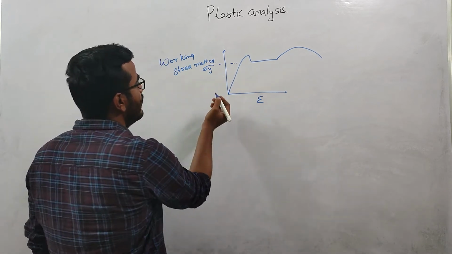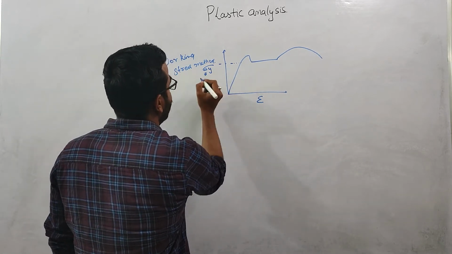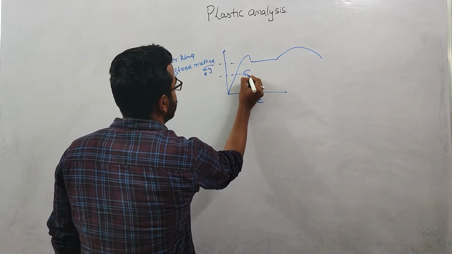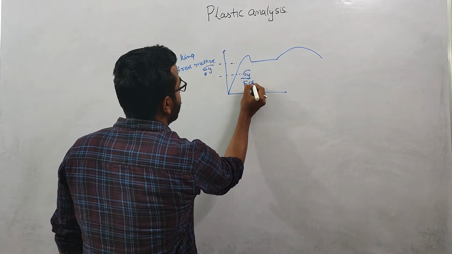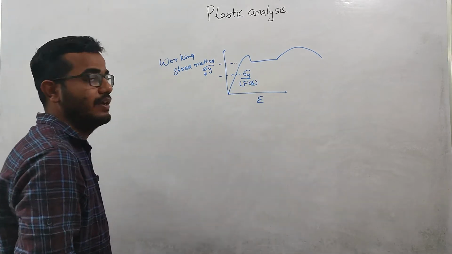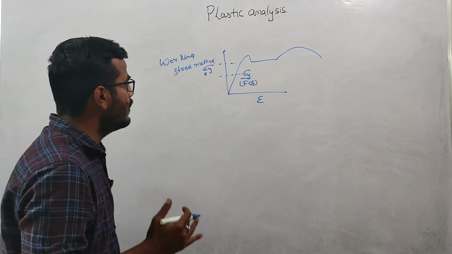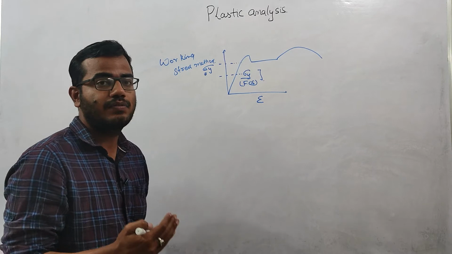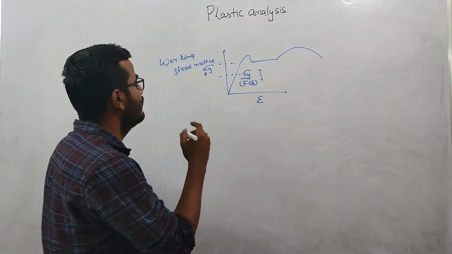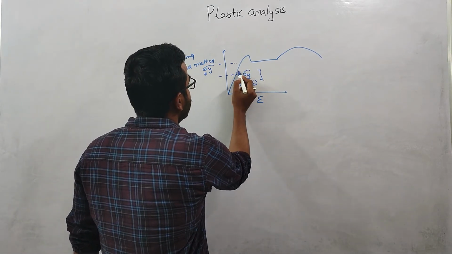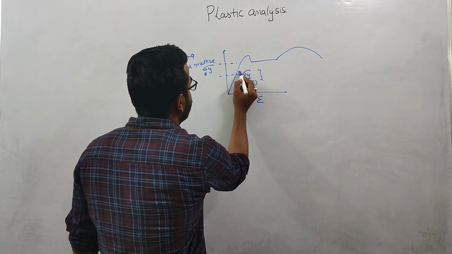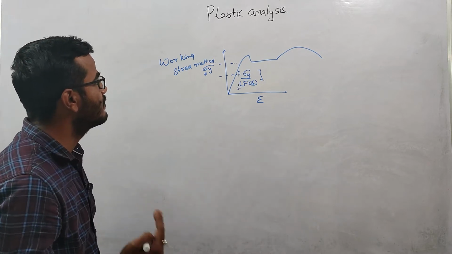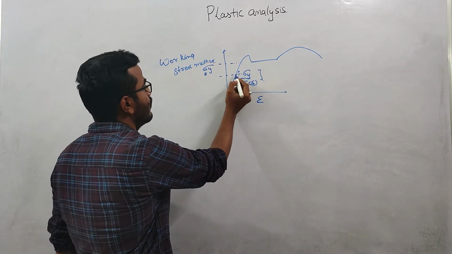We apply some factor of safety to this value and limit our allowable stress to this point, which is nothing but sigma y divided by the factor of safety. What I mean is that at any cross section, no fiber will have a stress above this value. The maximum stress on that fiber will be sigma y divided by the factor of safety.